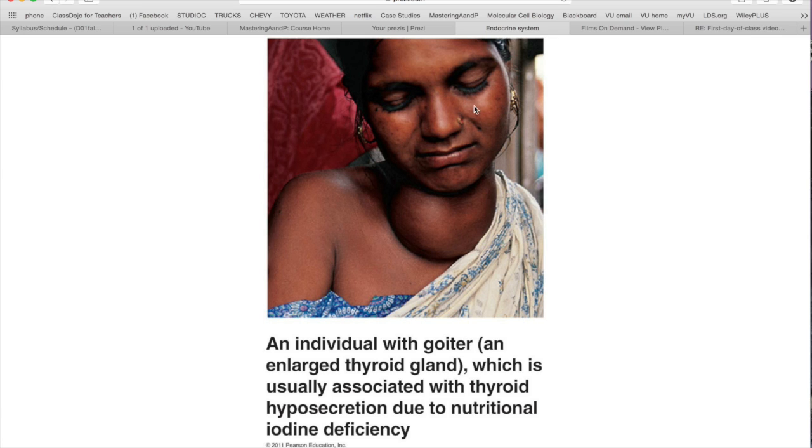So the pituitary gland releases even more TSH, and TSH causes the thyroid gland to grow, but no matter how big it is, if it doesn't have iodine, it can't make the thyroid hormone. So that's what causes a goiter.